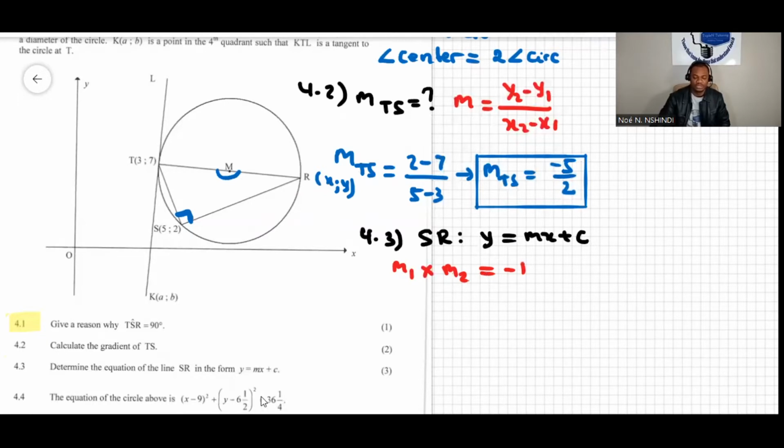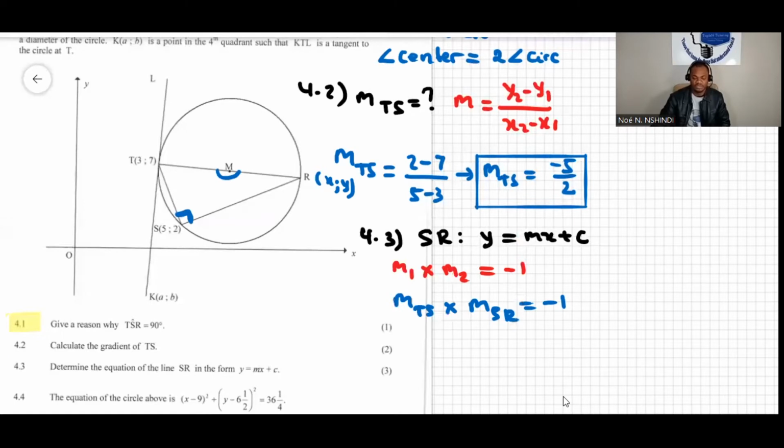So the gradient of the first line, the gradient of TS, is equal to -5 over 2. Actually, I prefer to write it this way. We're going to prove that the gradient of TS times the gradient of RS, or SR, equals -1.